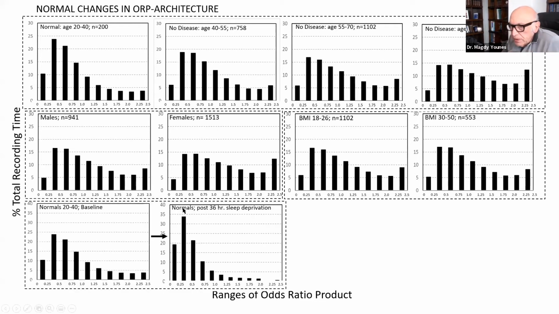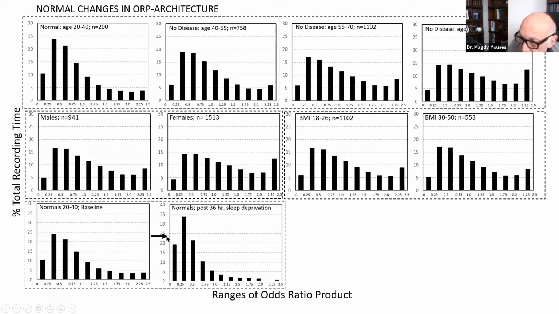Now, this is a very interesting slide and really tells the whole story. This is the same group, normal young people in Philadelphia, that were subjected to 36 hours of sleep deprivation. So this was before sleep deprivation, the baseline, and it is identical to the top one, except the scale is a bit different.